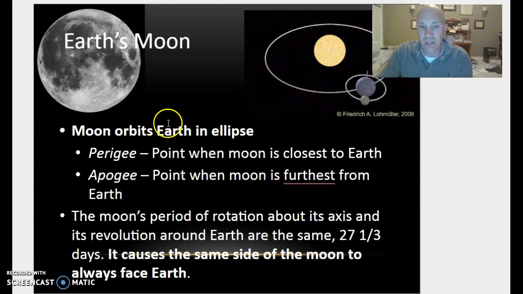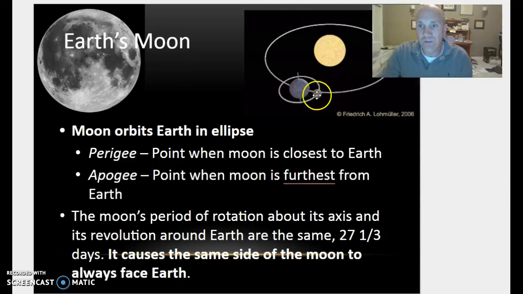Whenever you have an elliptical orbit, there's going to be a point where the object is closest to the center object, and there's going to be the point where it's furthest away. We had names for both of these with the Earth around the sun. There's also names for these points with the moon around the Earth.